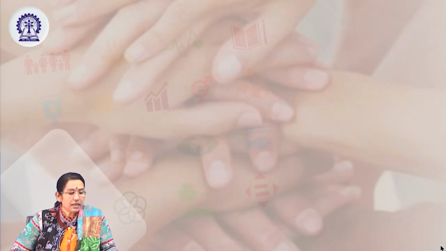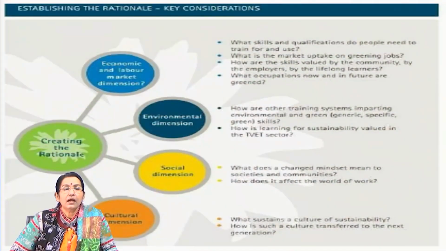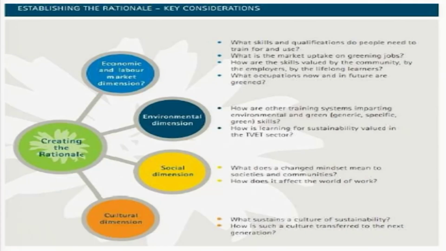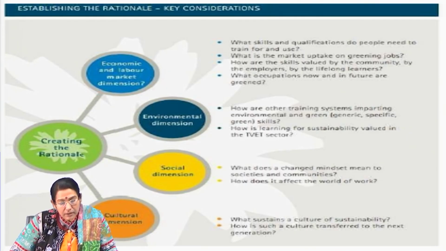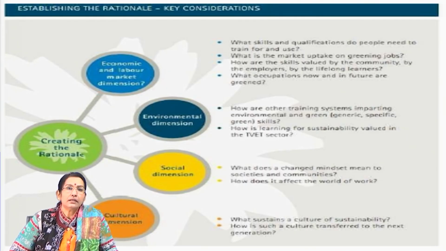So, the next step. What we have already done is first creating the rationale or the logic for this: analyzing the economic and labor market dimension, the environmental dimension, the social dimension, and the cultural dimension.